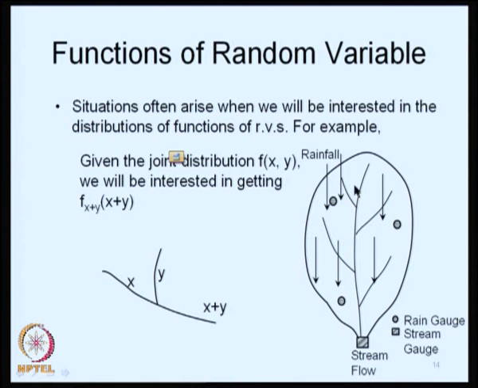And we may have the density function, or we may have estimated the probability densities of the rainfall in the catchment area, and we would be interested in getting the probability densities of the stream flow at this location. So, such situations lead to the derived densities for the functions of random variables. We will see how these can be obtained.